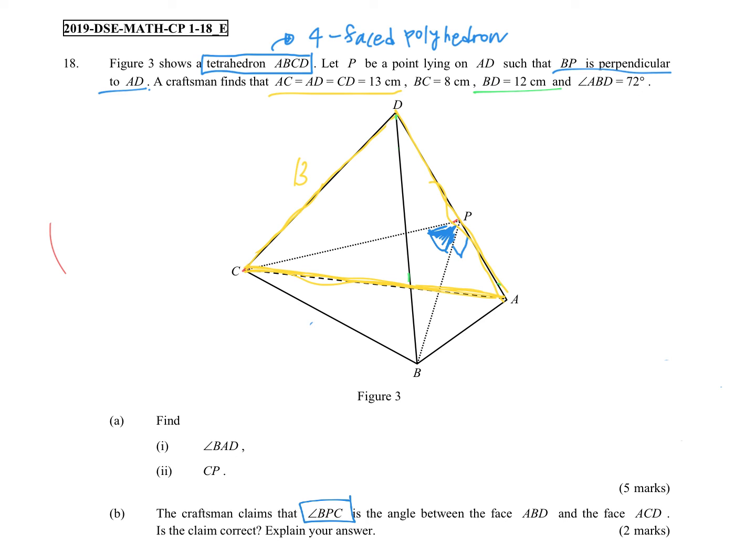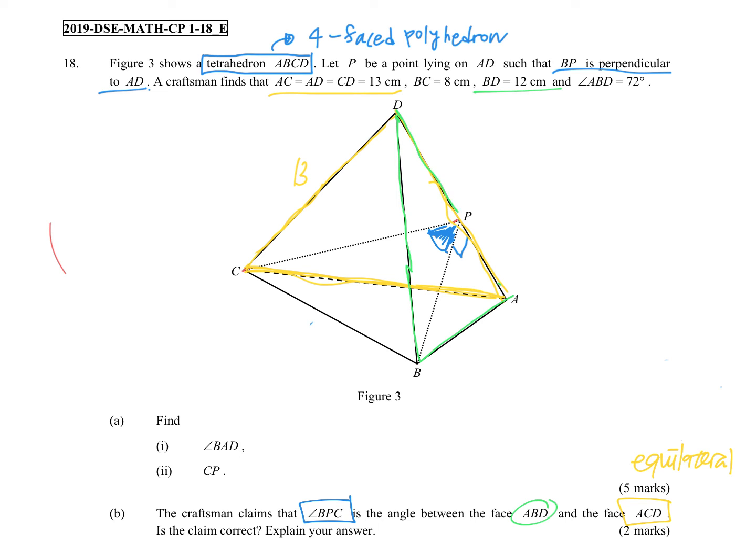Now you can see triangle ACD is equilateral, as I mentioned before, and then triangle ABD is this face.